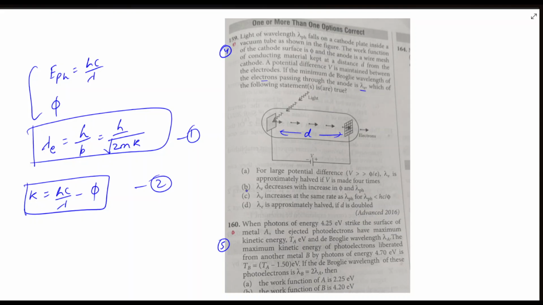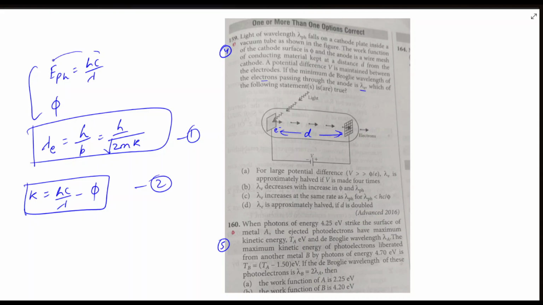Now, which of the following statements is true? Let's start with option A: for large potential, V is much larger than phi by e. Look, this is V. The electron will come out here, and in the potential difference V it will have some kinetic energy, which is eV.